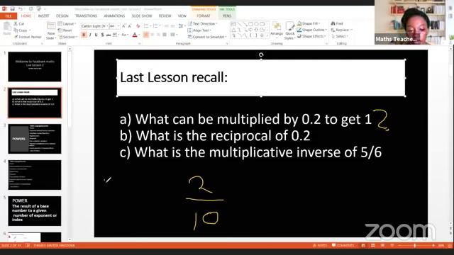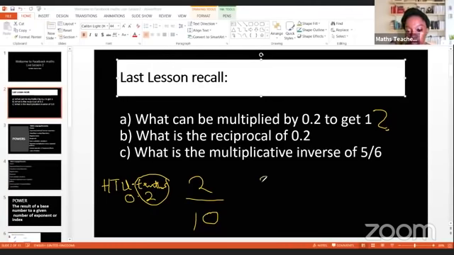Remember, I used the rhyme we used to have when I was younger, and I wrote tenths and so on. So if I was to write 0.2, this 2/10 is what 0.2 is as a fraction. However, the question is what can be multiplied by 0.2 to get 1?